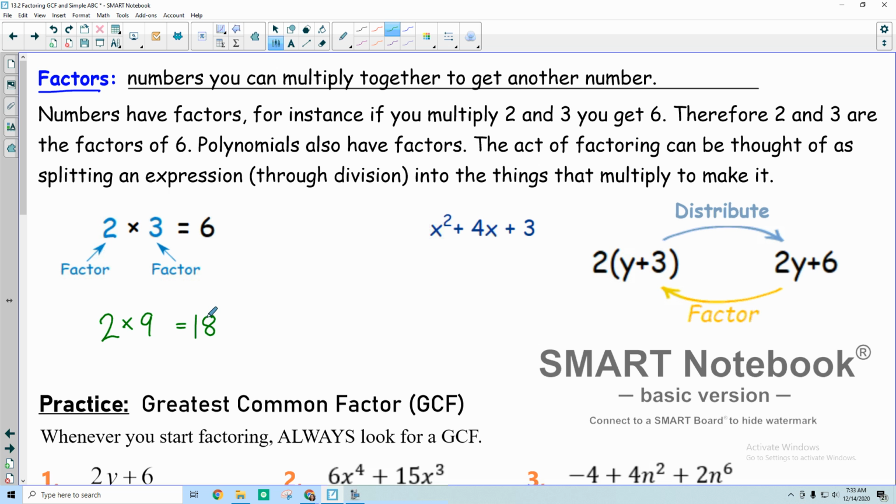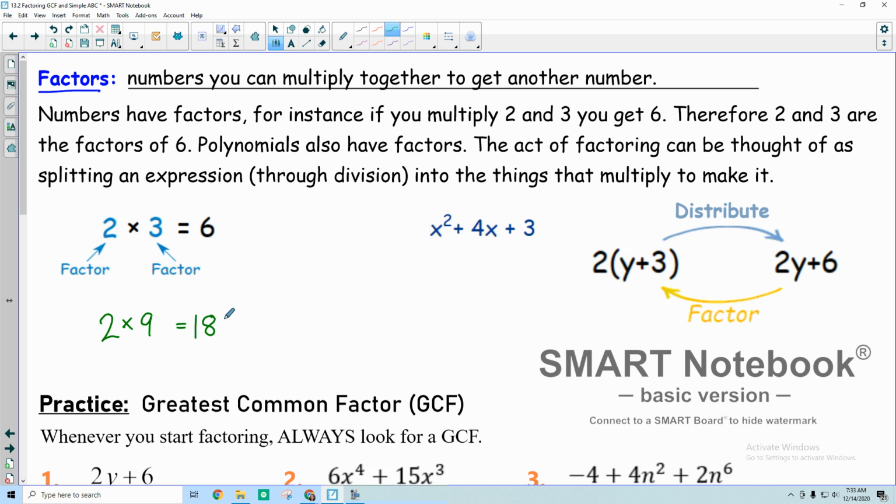You're definitely going to have an advantage if you know your times tables, right? Like if you know your multiplication tables. Because for me, off the top of my head, I just knew that 2 times 9 makes 18. So if you're in that place where you know your multiplication tables, it's going to be really, really helpful going forward for these problems.